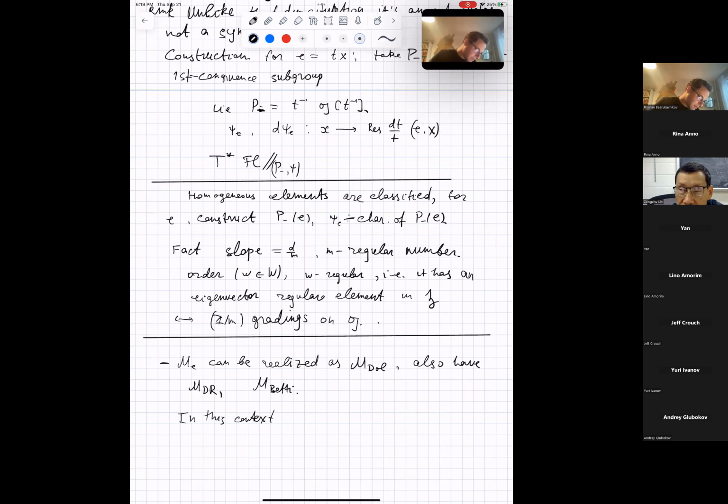But at least we construct a family degenerating M de Rham to M Dolbeault, and show that, for example, they have the same cohomology.